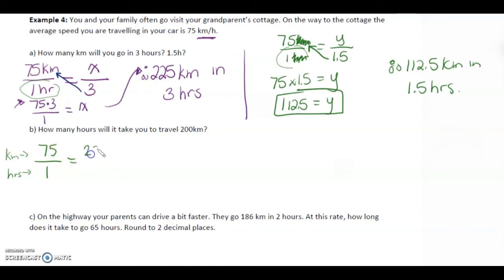So we're given 200 kilometers, and we don't know the number of hours, so let's just use x. So let's switch x and 75. So I get x equals 200 over 75. Notice how now that the x is up here, I left out the 1 because again, it's tedious.